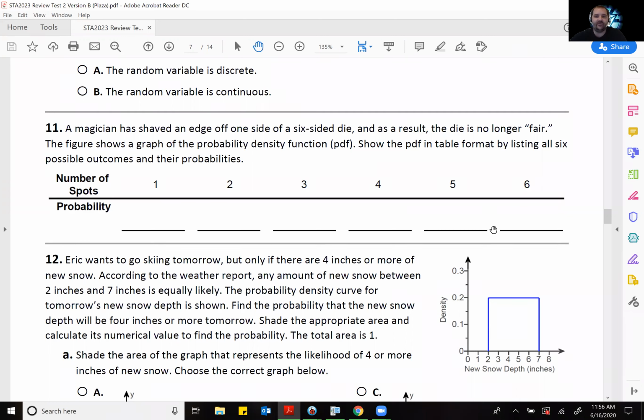The PDF in the table format, they want us to basically complete the table. We're going to have to come back to this one. Deanna, if you could see if you could find us that graph. Okay, no problem.